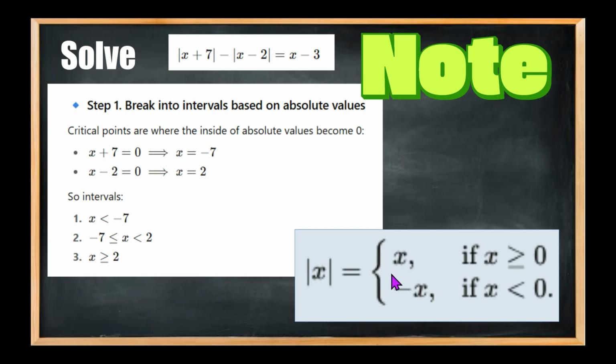The definition of the absolute value function, which you would have seen, says that the absolute value of x is x if x is greater than or equal to 0. So whenever greater than comes in the interval, put the equal to there, not on the less than. Don't put less than or equal to; put greater than or equal to. So when you are creating the intervals, wherever there is a greater than sign for x, you put the equal to sign.